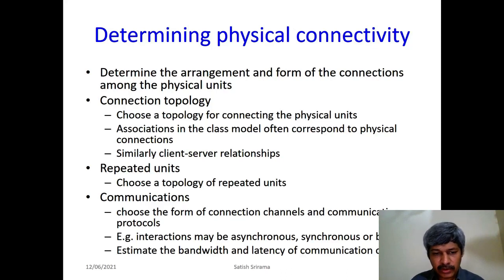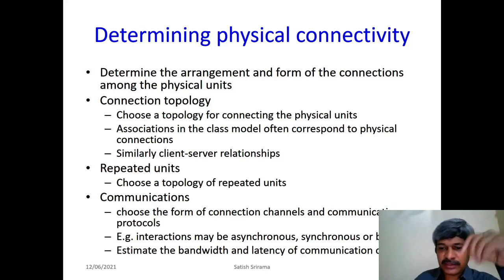Then we should also think about this sort of communication. We also have to choose the form of connection channels and communication protocols. Say for example, the interactions between the subsystems can be synchronous, synchronous and blocking, and asynchronous. We have already seen these when we were checking sequence diagrams.